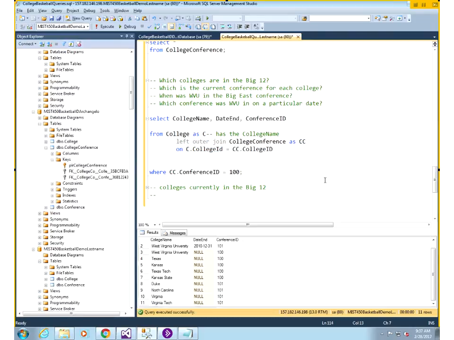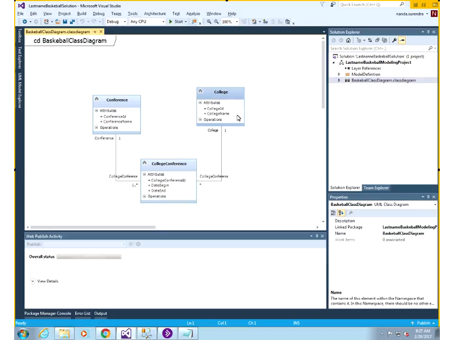Now, if I made this a left outer join and ran this, what's the result? There is this extra row, right? What does that show you from the diagram? There could be colleges that are not in any conference.